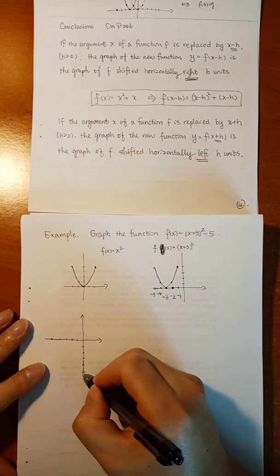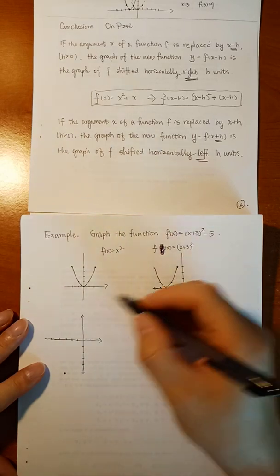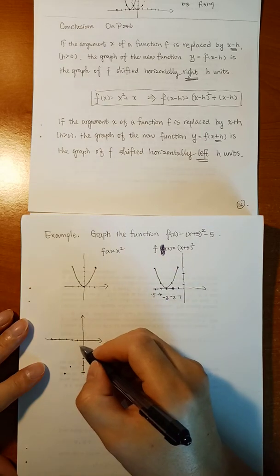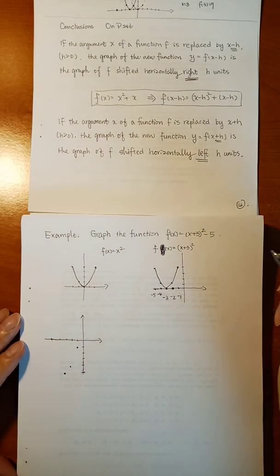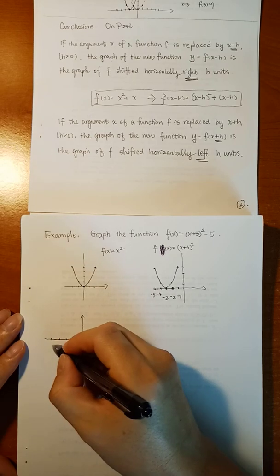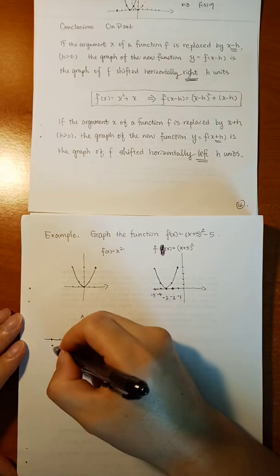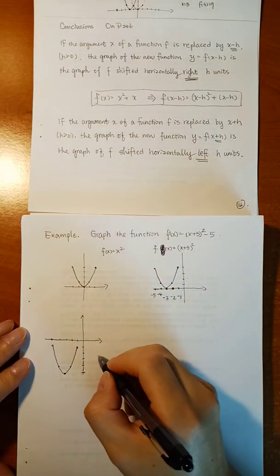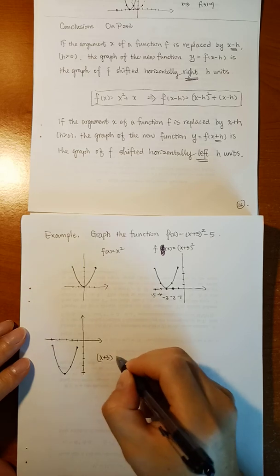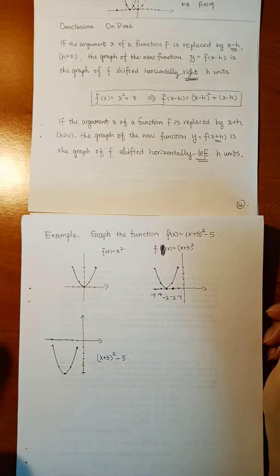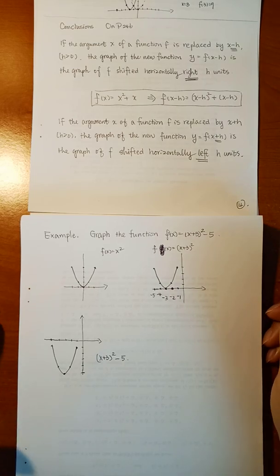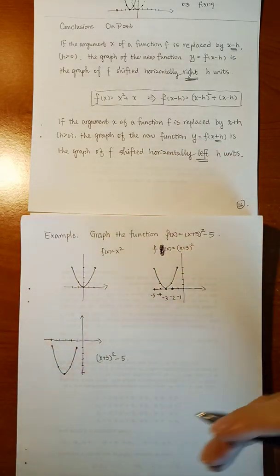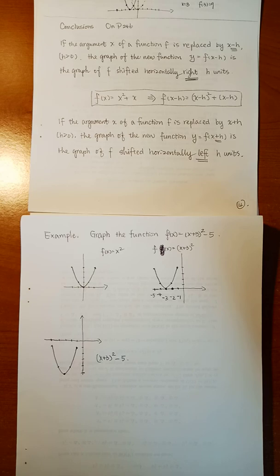We'll get 1, you shift 5 units down, it's negative 4. We'll get 4, you shift 5 units down, it's negative 1. And similar thing. So that's the graph of (x plus 3) squared minus 5. Okay, so you first do the horizontal shift, and second you do the vertical shift, right?